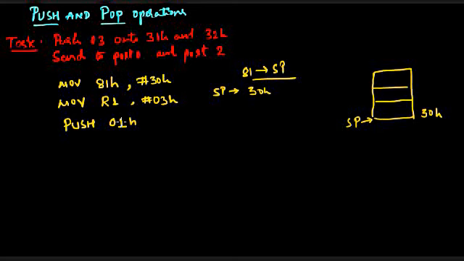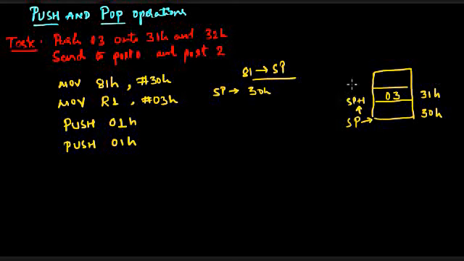When I say push 01H, what happens here is SP gets incremented by 1. Now it is pointing to 31H, and then whatever data present in R1 it places onto stack. That's good. Now the next task is we need to push the same data to next memory location. To do that, I'll again write push 01H.